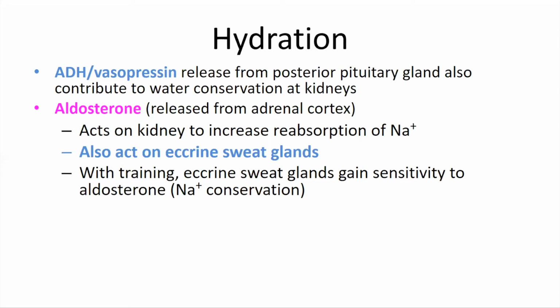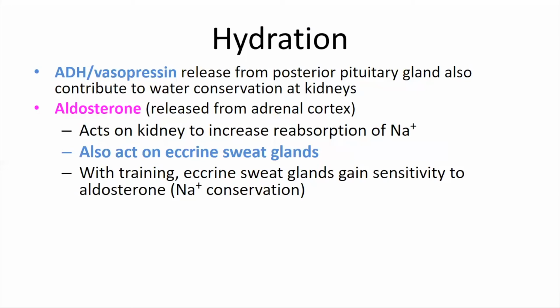I also want to point out that our hormones, ADH, antidiuretic hormone, also known as vasopressin, and aldosterone, are helping us through this process. So vasopressin, or ADH, remember, it's released from the posterior pituitary gland, and it contributes to water conservation at the kidneys.